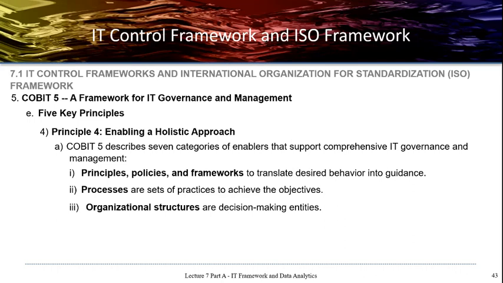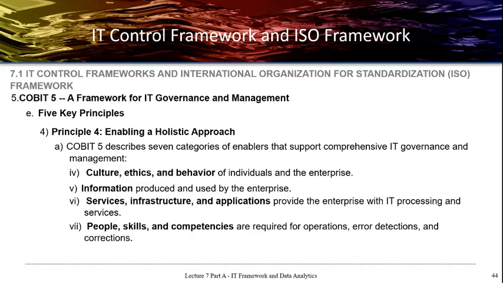So we look at the principles, policies and frameworks to translate desired objectives into guidance, and processes are a set of practices to achieve the objectives, and organizational structures are decision-making entities. The principle 4, I just discussed in fully elaborated form.